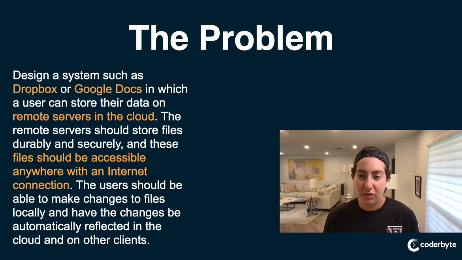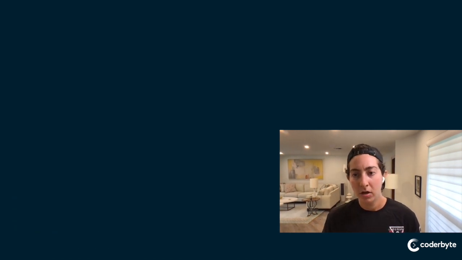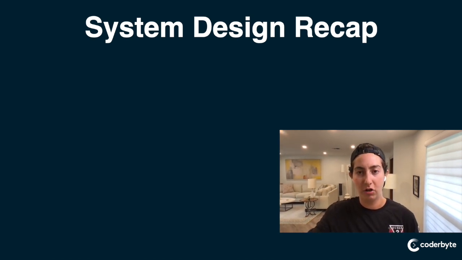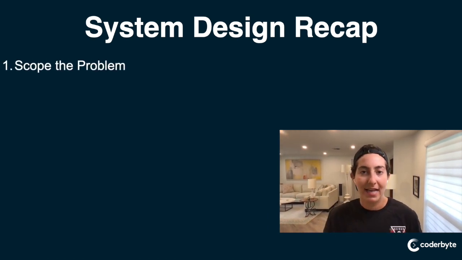So let's recap a little bit our system design toolkit and how we want to approach any system design problem. System design recap. The first thing you always want to do is to scope the problem, right? That is your opportunity as the interviewee to interview your interviewer about the problem.